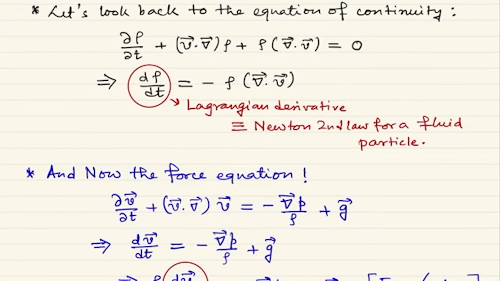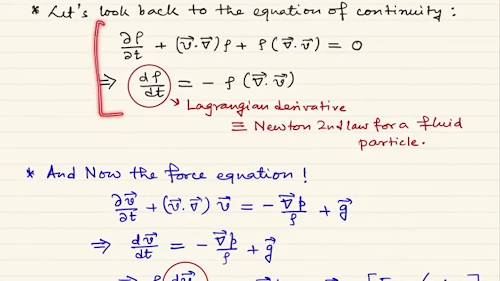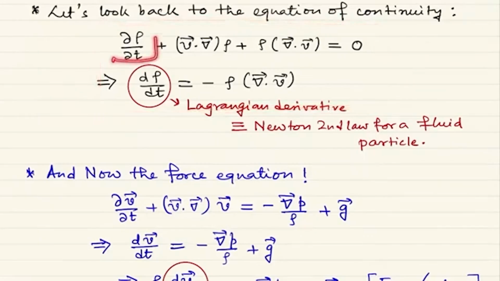Then del rho del t plus v dot nabla rho is nothing but d rho dt by definition. This is a Lagrangian derivative, and that is equal to minus rho times divergence of v. That was just to tell you how the Lagrangian derivative looks. So this was the Eulerian time derivative, and this is the Lagrangian time derivative.